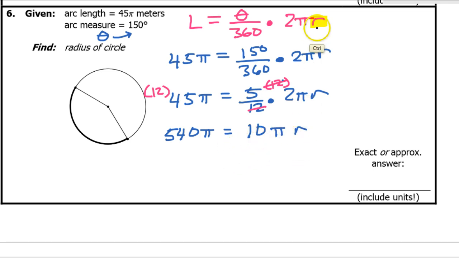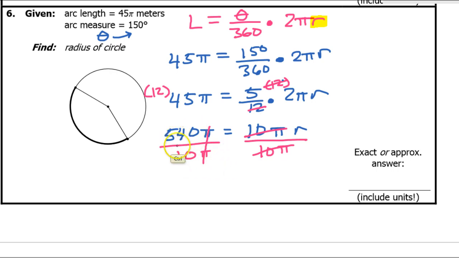Now I'm trying to get r, remember, so I need to get rid of the 10 pi. So what I would do next is I would divide both sides by 10 pi. All right, that's going to get r by itself. Now, looking at the left-hand side, I'm noticing that the pi's are going to cancel themselves out.